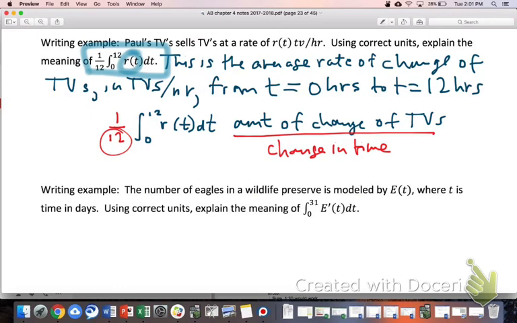If the integrand is an amount, that's going to be the average value of the amount. If the integrand is an acceleration of some kind, then that would give you the average acceleration. So that formula gives you the average value of whatever the integrand is, regardless of whether it's a rate, an amount, an acceleration, or some other thing. But you could also look at it in terms of units like this as well. It should make sense, right? And I hope that it does.